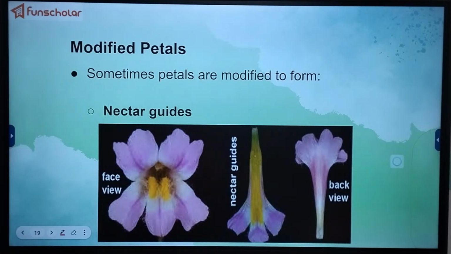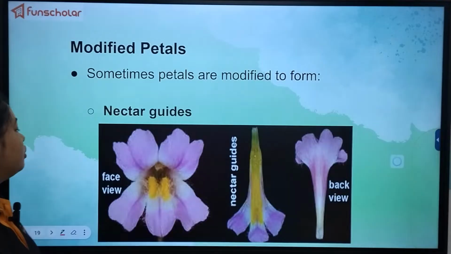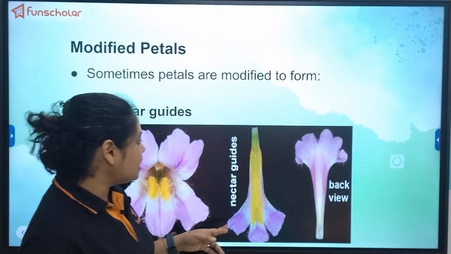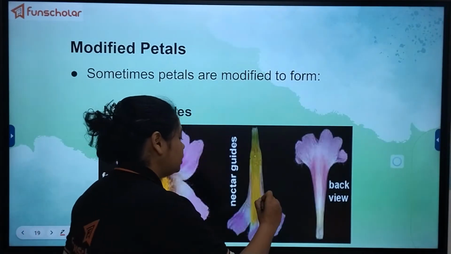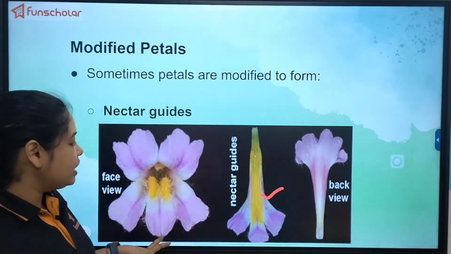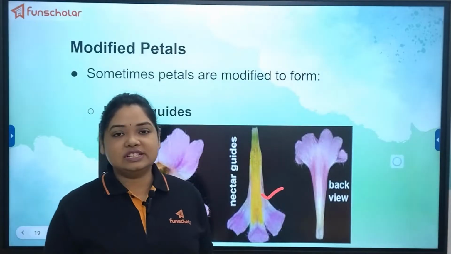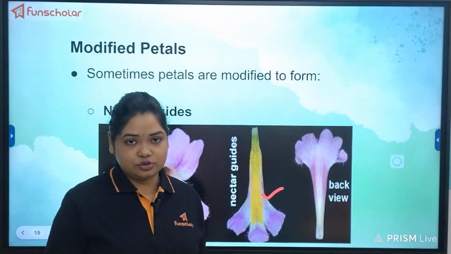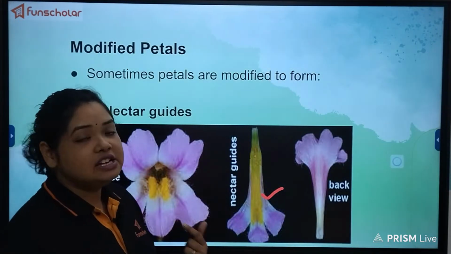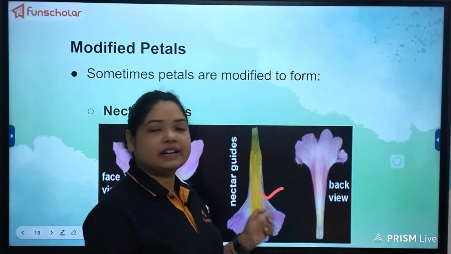Now the petals can also be modified to form various structures. First of all, we'll know about nectar guide. What is a nectar guide? Nectar guide is this tube-like structure you can see, which is formed inside the flower, through which the pollinators who thrive on this nectar as food resource can draw nectar by injecting their mouth parts through this nectar guide.